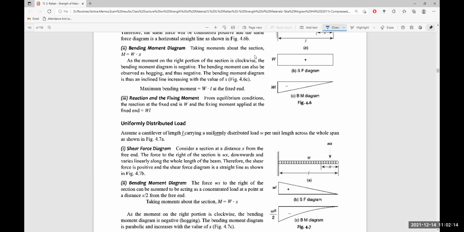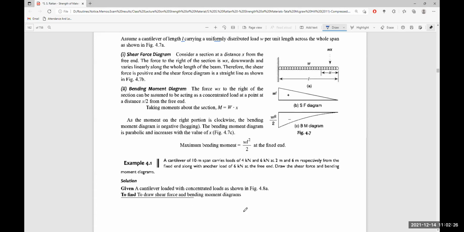As the moment of the right section is clockwise, the bending moment is negative, or hogging. The bending moment diagram is parabolic and increases with the value of x. The maximum bending moment is omega L squared by 2 at the fixed end.